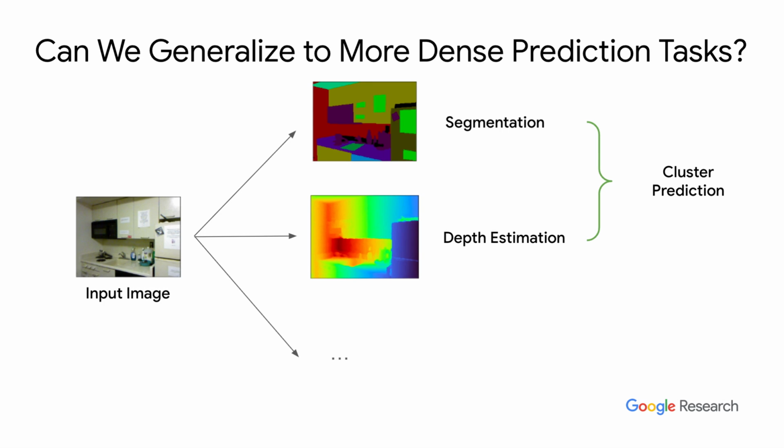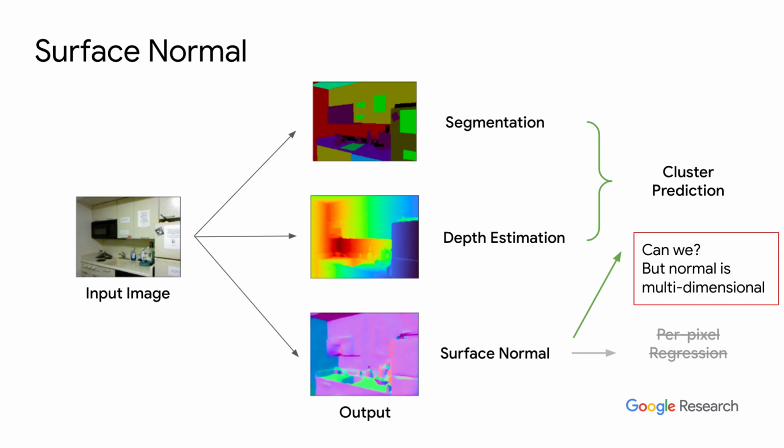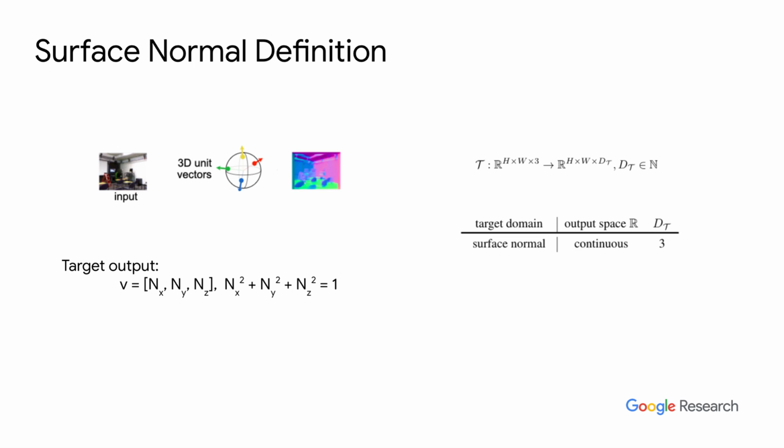So we want to look into the question: can we extend this cluster prediction paradigm even further to solve many other continuous prediction tasks? We use surface normal as a representative example to show how to generalize the mask transformer-based framework to other dense prediction tasks, since this task has a multi-dimensional continuous output space.